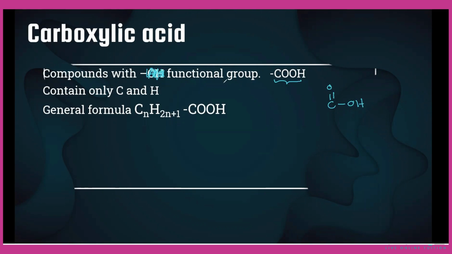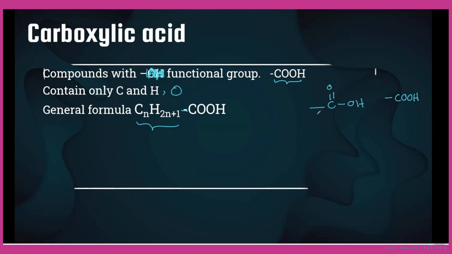So compounds with the functional group C double bond OOH, which can be written as COOH, are called carboxylic acids. They still contain carbon, hydrogen, and oxygen, and their general formula is CnH2n+1 C double bond OOH.